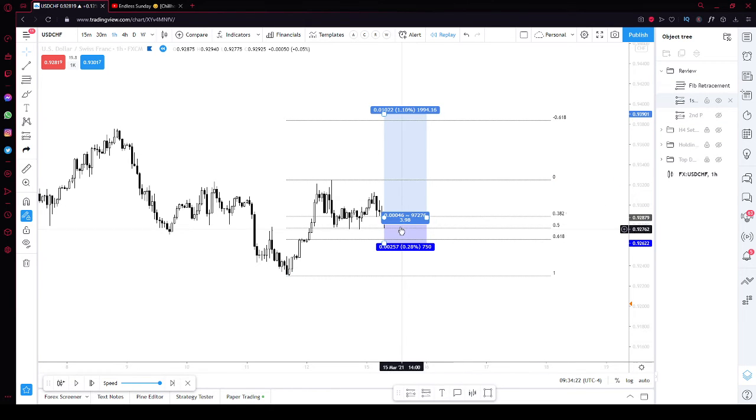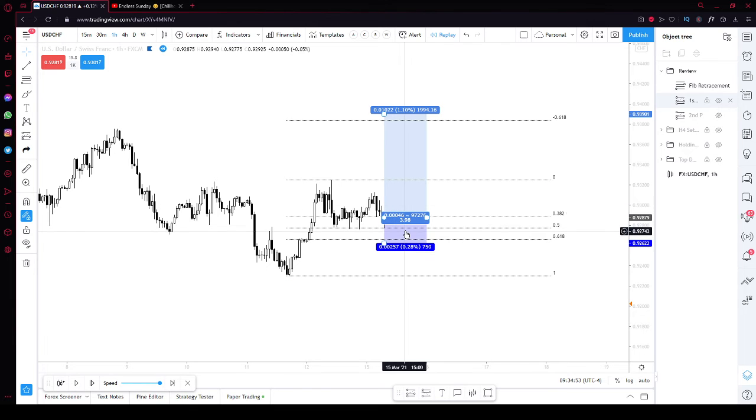Now at this point I basically have management rules, and I do trade mechanically at the moment. Number one, I'm looking for price to break this high. If price breaks that high, look for price to scale up to negative 61.8, and the trade went perfectly, right? Now if the trade goes wrong, what I'm looking for is if price draws down 50% of my stop loss.